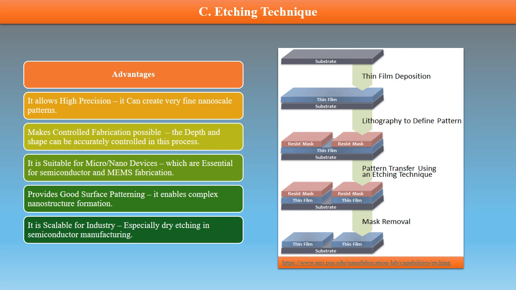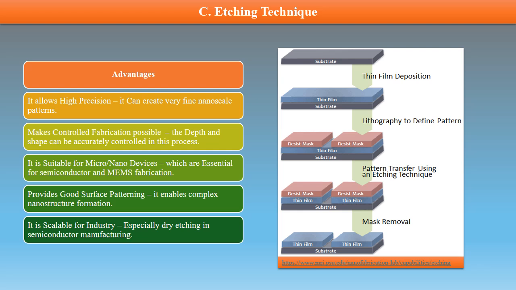The etching technique has many advantages. First, it allows high precision. It can create very fine nanoscale patterns. Second, it makes controlled fabrication possible. The depth and shape can be accurately controlled in this process.